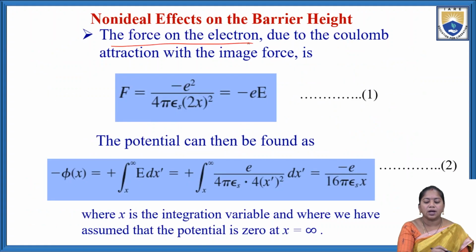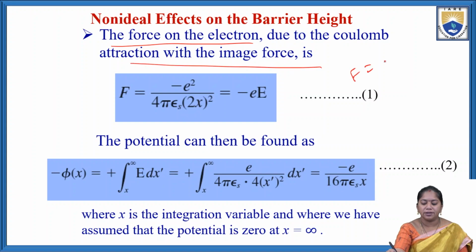The force on the electron due to Coulomb attraction with the image charge is F equal to minus e squared by 4 pi epsilon s into (2x) whole squared, that equals minus e times E, where E is the electric field.